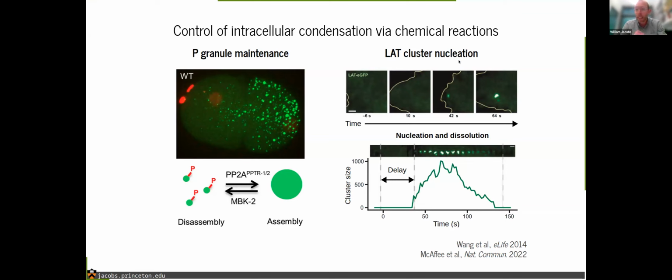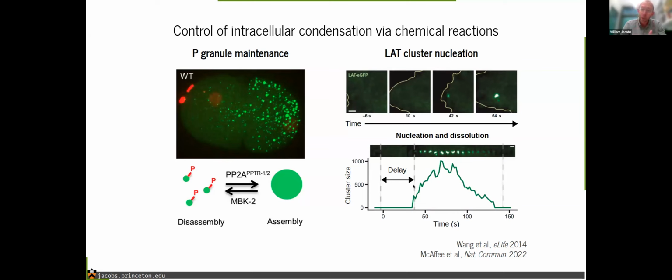within T cells, and the formation of these clusters on a two-dimensional membrane turns out to be important for antigen discrimination. So determining essentially a friend versus a foe antigen depends on the delay time to form one of these condensates.